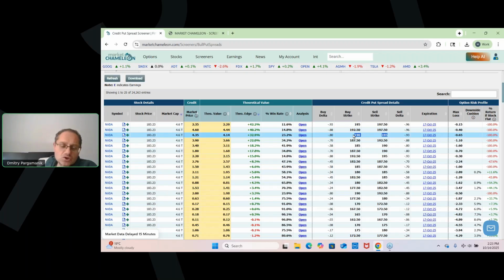So it has to increase by a decent amount in the next 3 days, right, for this spread to be profitable. Because if it's below 190, the spread's worth $5, right? So that happened 23.2% of the time on a historical basis. Okay. So we have all these metrics now to help us along.